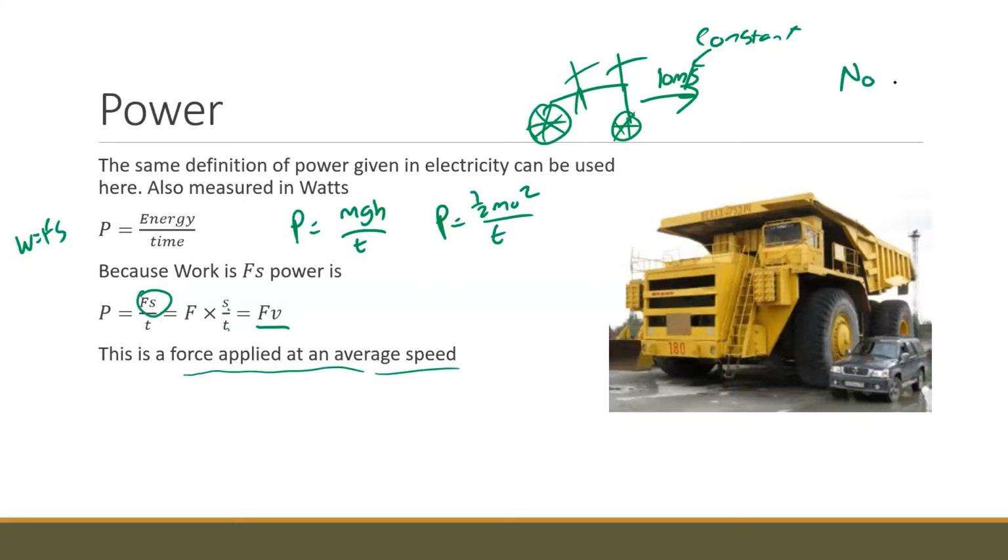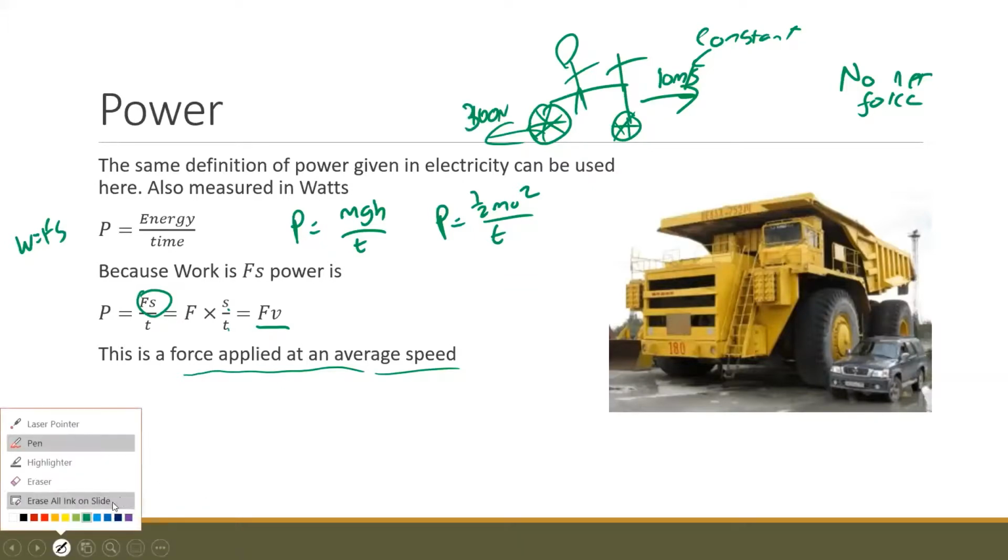Remember with these types of questions that all of the laws we've learned about Newton's laws still apply. If you've got a constant speed, then that means there's no net force. Now, let's just say we'll go with 300 newtons acting in friction.